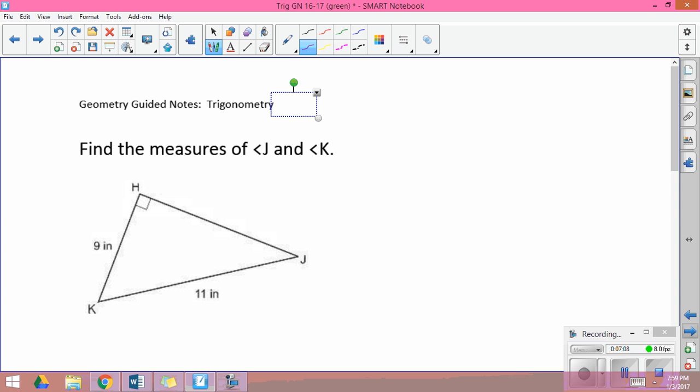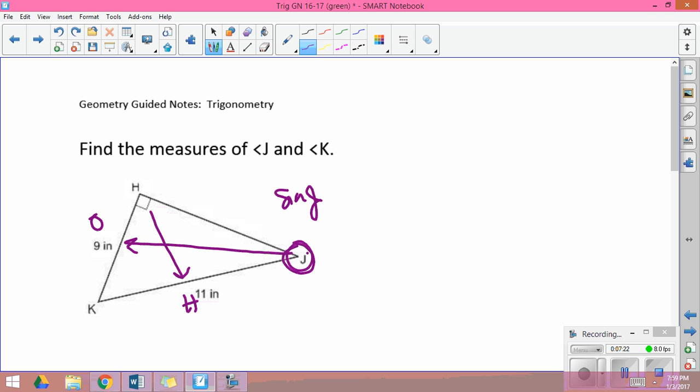Similar sort of strategy. Again, based on J, this is my hypotenuse, always my hypotenuse, but from J's location, this is opposite. And so opposite and hypotenuse, I'm looking at the sine of J is equal to 9 over 11. That is going to be a fraction less than 1.